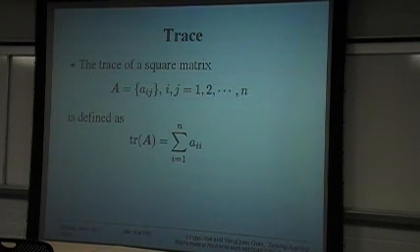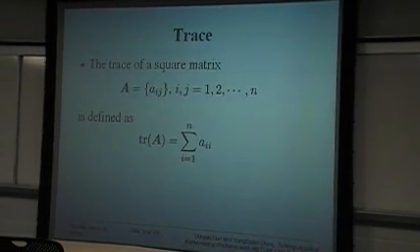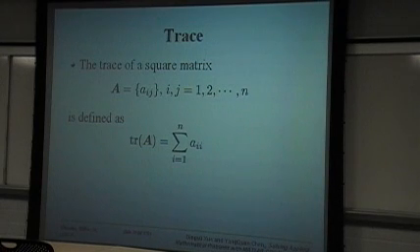And the other property is the trace of a matrix. In some applications, such as robust control, the trace may be used for multivariable systems. So sometimes we need to find the trace of the matrix. So what is the trace of the matrix? The trace of the matrix is defined as the sum of diagonal terms.